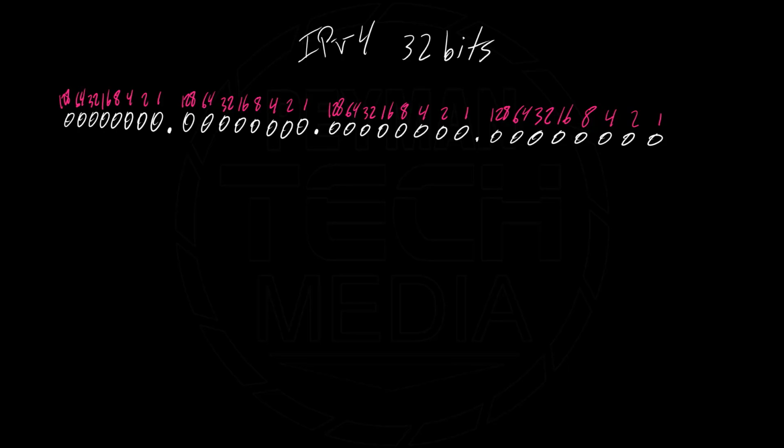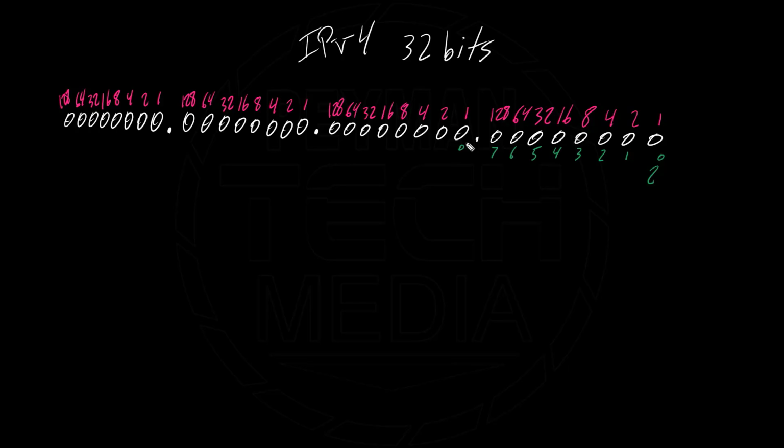Now you might ask where these numbers are coming from. It's 2 to the power of bit position. This is bit position 0, this is bit position 1, bit position 2, bit position 3, and so on.